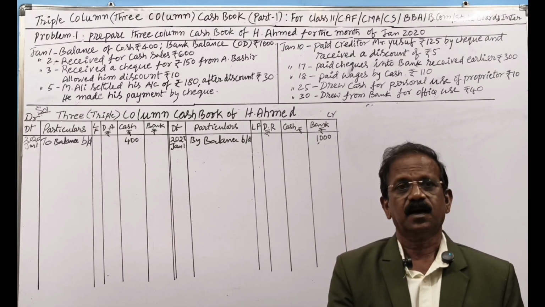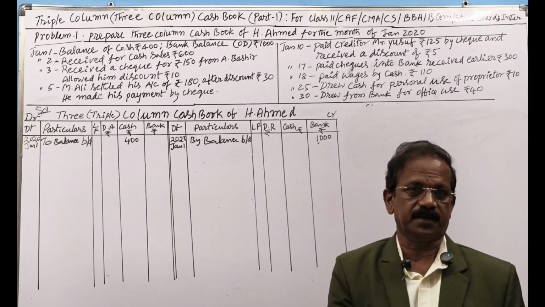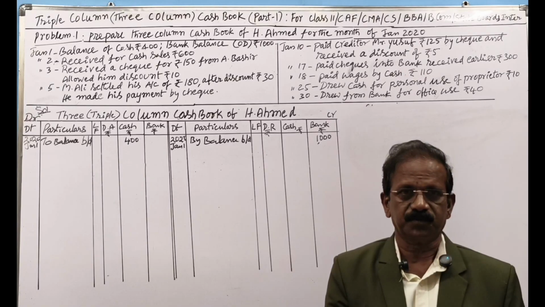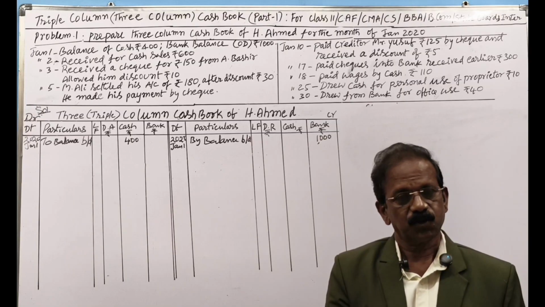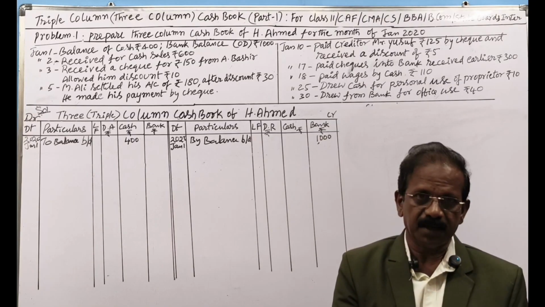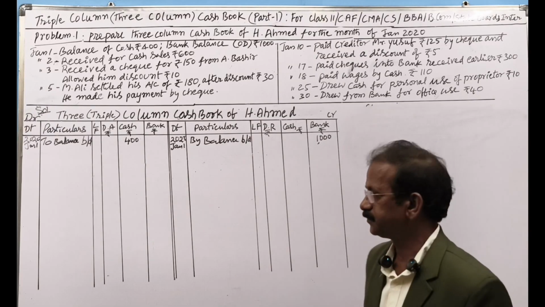All these are called cash receipts. And cash payments are also there. When we purchase goods, we have to pay cash. When you pay salaries, we have to pay cash. So like that, a businessman has cash receipts as well as cash payments.